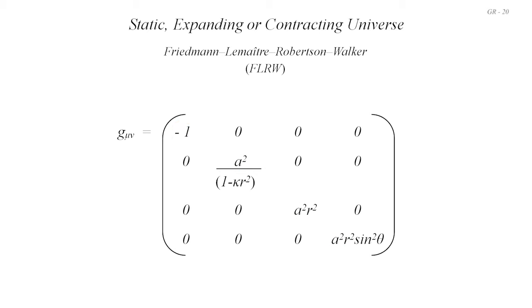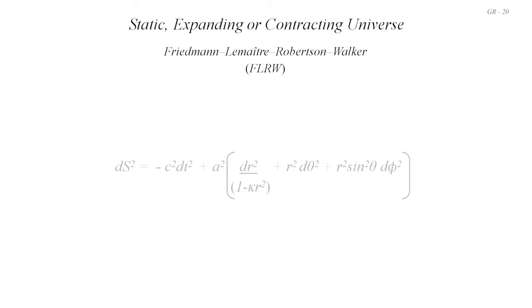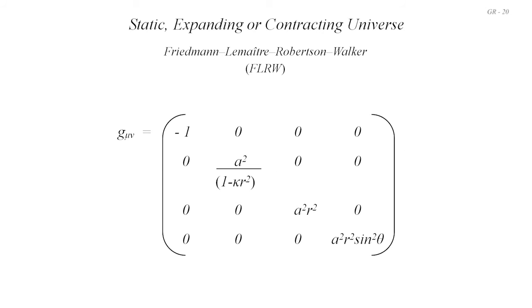This coefficient a is concerned with the expansion of space as time passes, and is shown here as a squared, obviously simply because the formula for space-time interval deals with the squares of distances and times. This all means that the assumption is built into this metric that space can be expanding if a at a particular time is greater than 1, or contracting at those times when a happens to be less than 1.